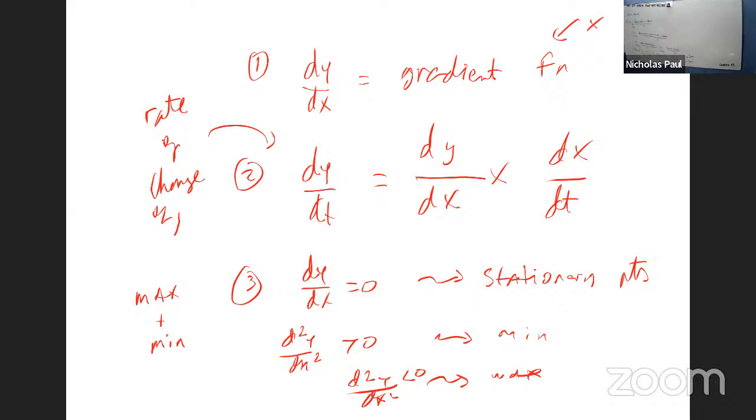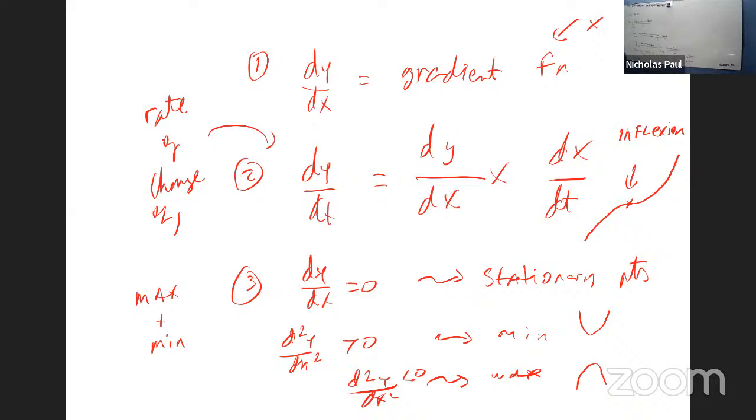Minimum is this, maximum is this, but there's a point that looks like this: decreasing, and then we get to increasing. That point is a point of inflection. Next week, we're going to look at how to find that point. That's the main focus of this application.